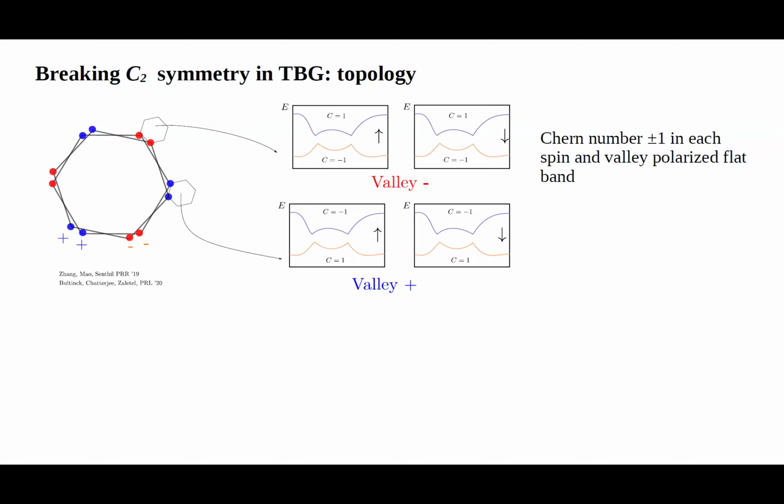So the continuum approximations that we're used to seeing in these twisted homobilayers really fail very badly. So I'm curious, practically, are there tractable approaches to studying those large twist angle moires outside of continuum?